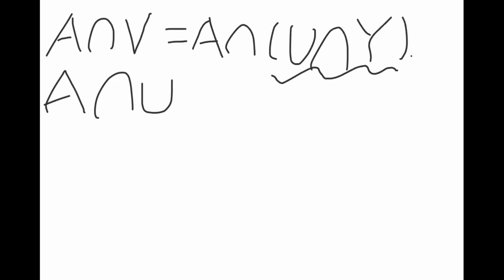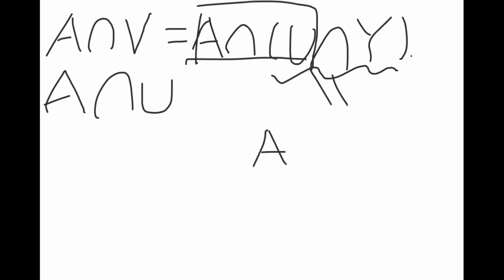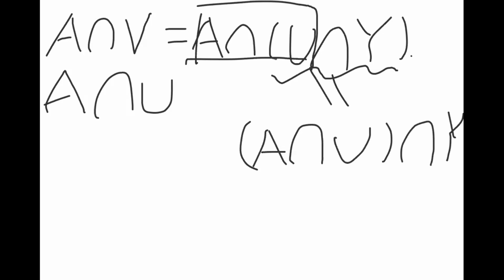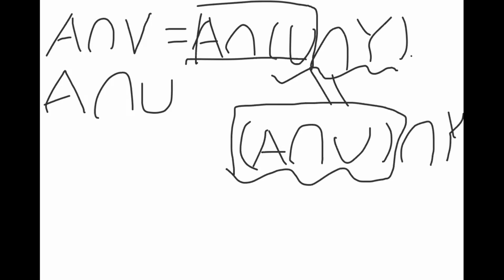And this one can be written as A intersects U intersects Y, because Y is a subspace of X. And since A and U are subsets, this is also equal to A intersects U and then intersects Y. Since A is in Y, this whole thing is inside Y, so we can remove this Y, and these two are equal.